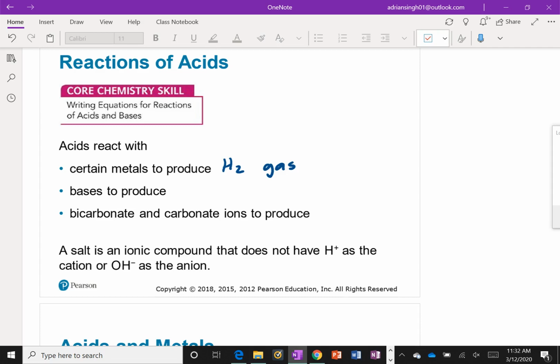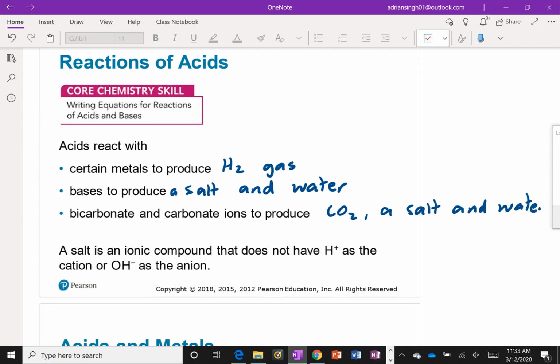They can react with bases to produce a salt and water. That's a general acid-base reaction, which we'll see in a second. And then acids can react with special types of bases that contain bicarbonate and carbonate ions to produce carbon dioxide in addition to a salt and water.